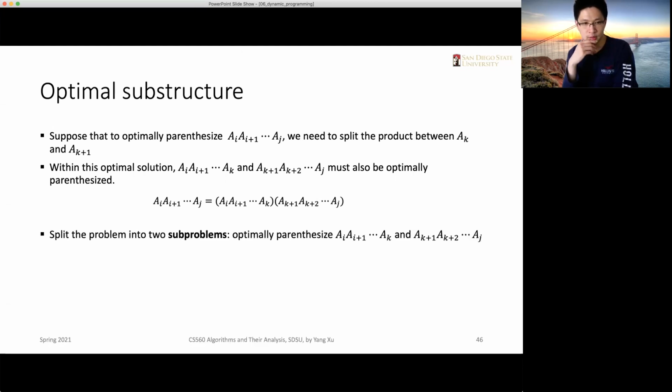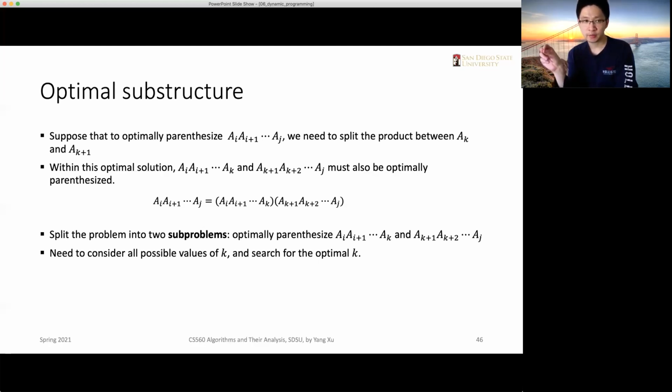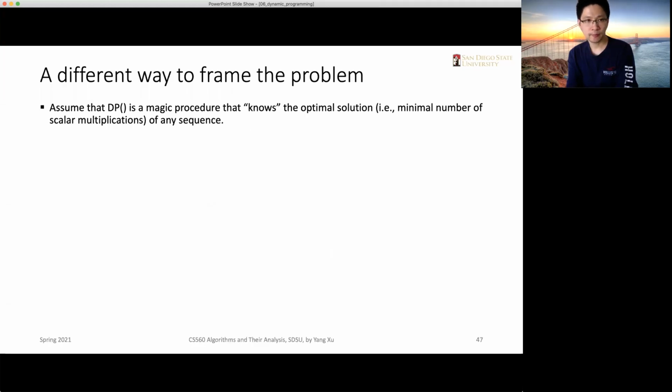So we have 2 subproblems, the left problem and the right problem. And then what we can do is try all possible values of k, because at the beginning we don't know which k is the best one. So we try all possible values of k, and then we search for the optimal k.